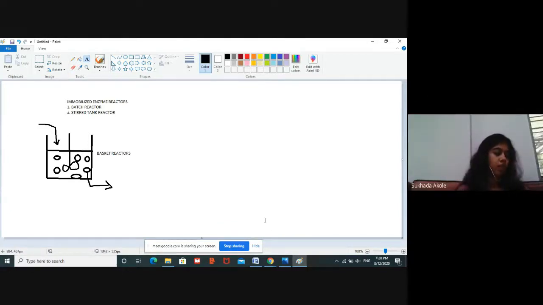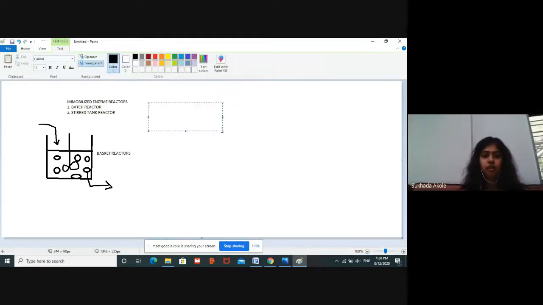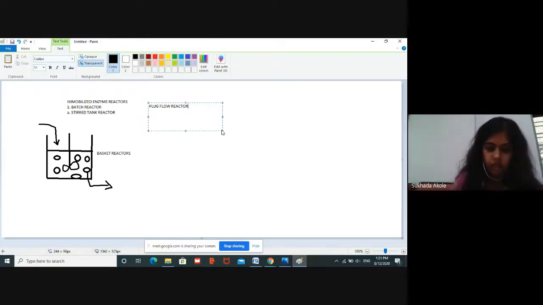Okay. Next type is called the plug flow reactor. Now, what do I mean by plug flow reactor?